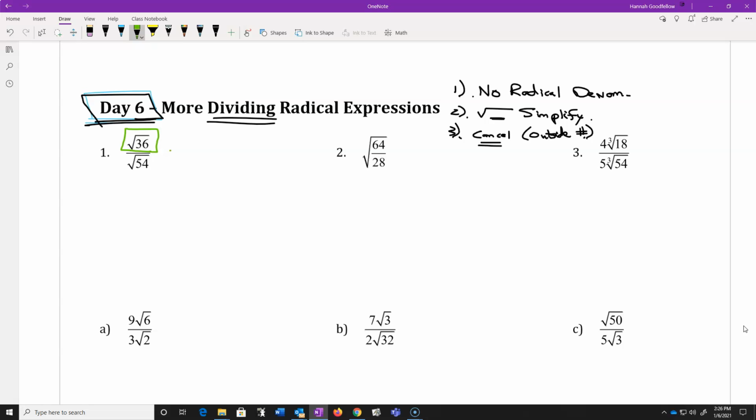Now, this tends, in most cases, to make the problem a little bit easier. So that upstairs piece is automatically going to be the number 6, which is way easier to deal with than the square root of 36.